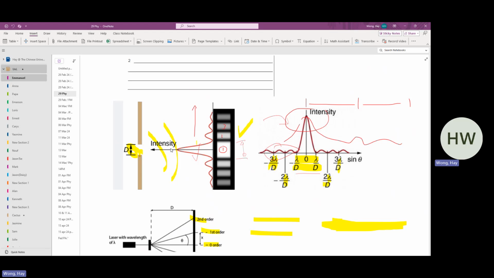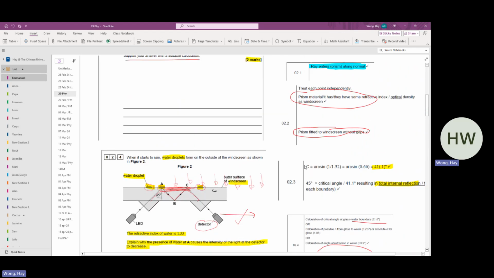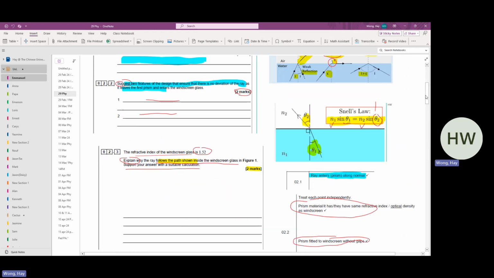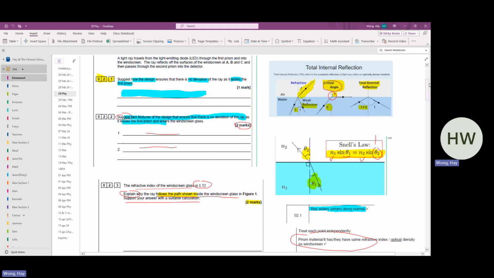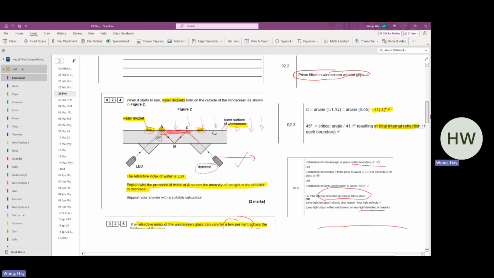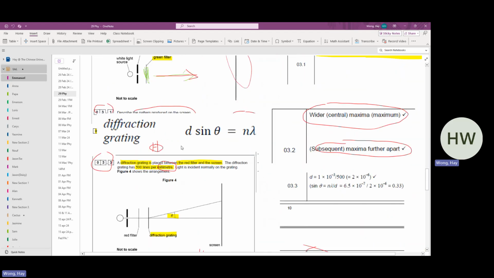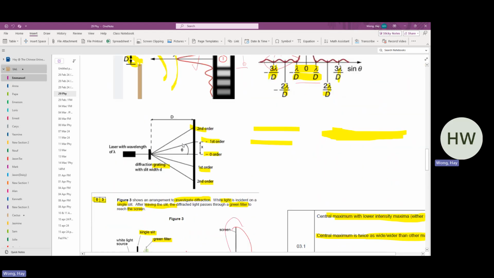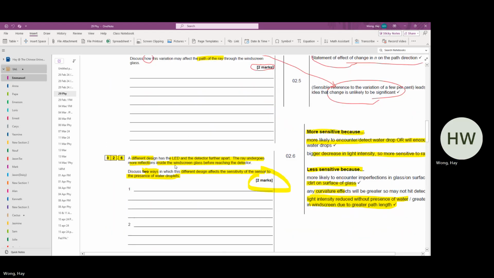We all know that there will be internal reflection based on a refractive index, so you just need to justify what's going on with this particular system. If it is a windscreen involving rain, it will be air, water, and glass interfaces. And yes, this is the last bit that I want to share within this video today.